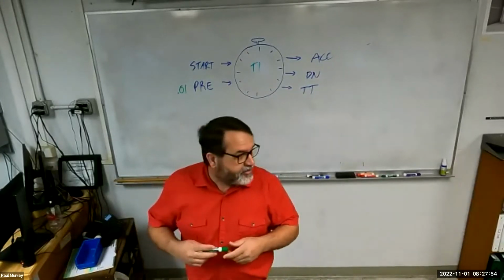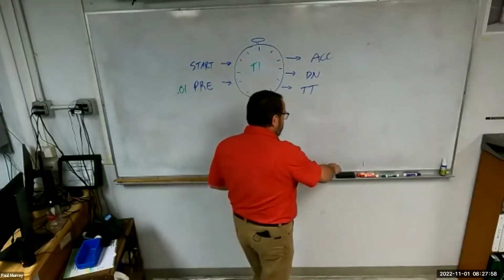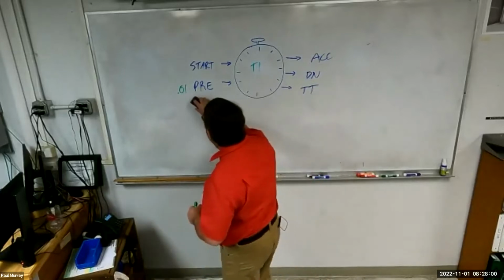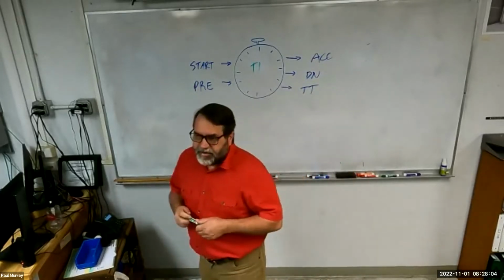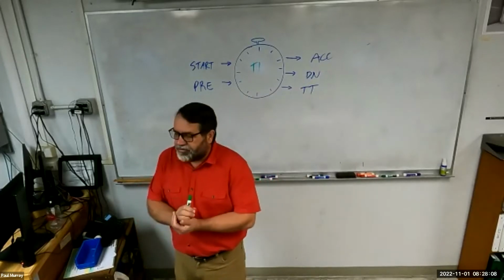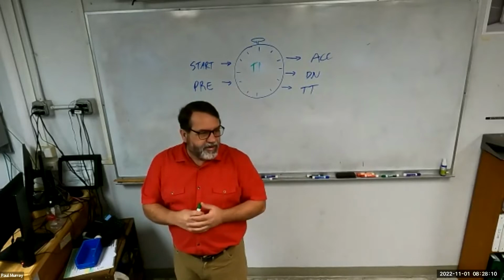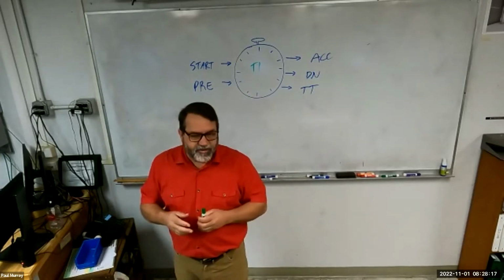Another use for a timer, and you probably get the idea that I like timers. Sometimes if you work in a factory or manufacturing environment, they've got really old equipment, and big old pumps. And sometimes old motors don't start very well.